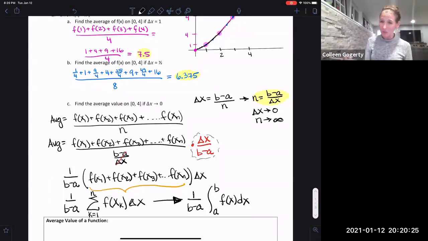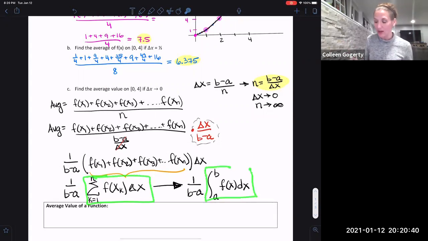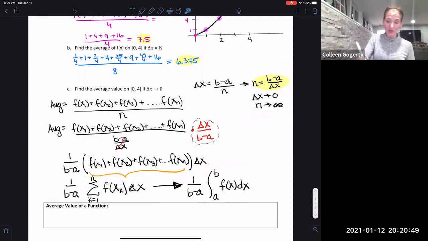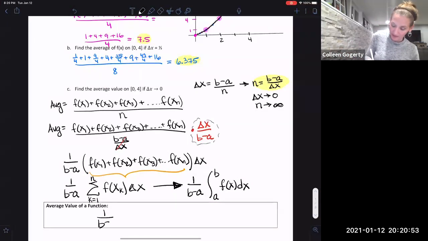You have to remember from the previous section, and we can talk about this more in class, and we looked at this briefly in the video 3 notes, that the summation here is equivalent to the definite integral from a to b of f of x dx. Now, here's the average value equation that we are going to be looking at in class.